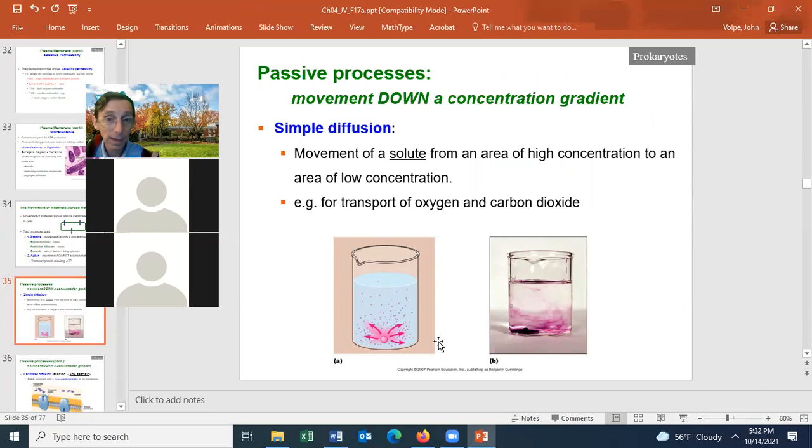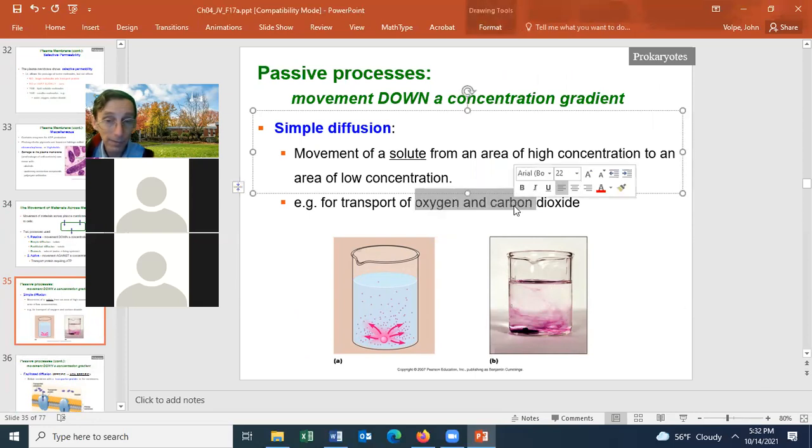Simple diffusion happens in our cells mainly with oxygen and carbon dioxide. It can happen with other molecules as well, but these are the two we need to worry about most, because oxygen will diffuse into the cell and carbon dioxide will diffuse out of the cell. Any question about any of that?